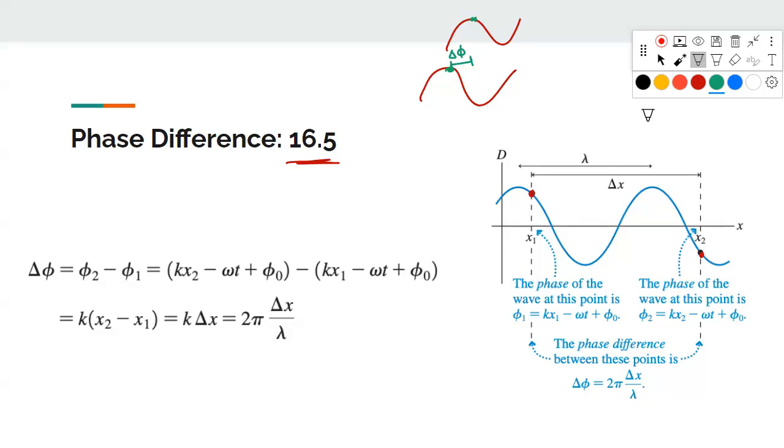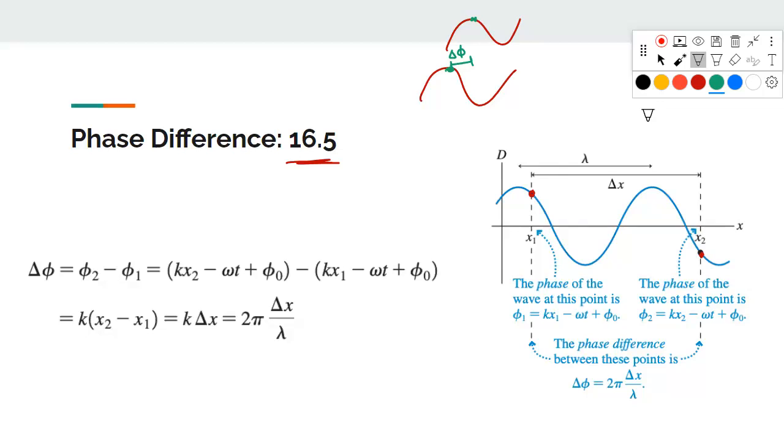Basically, if you think of each point in terms of an angle, in terms of the argument that we feed into the trig function, then we can subtract those angular positions, and that angular difference is the phase difference. So anytime you hear phase, you should be thinking this is going to be something in radians, basically.